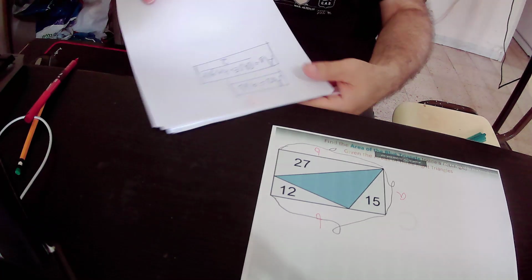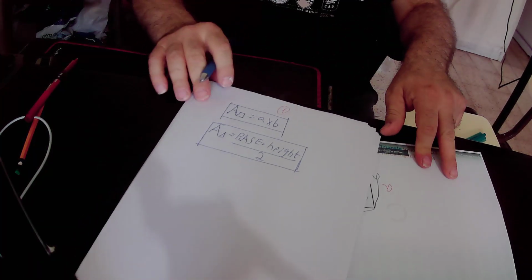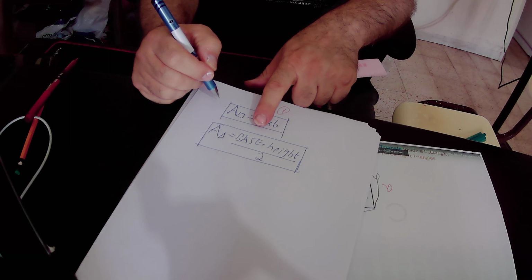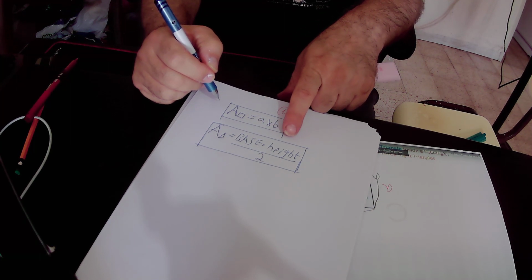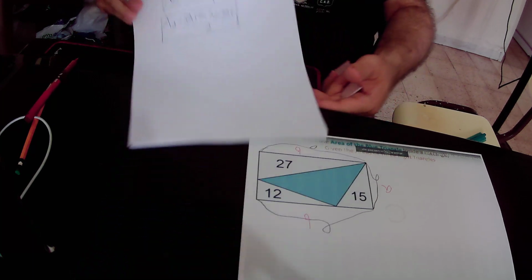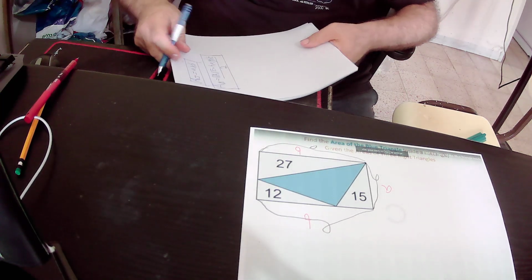So the area of a triangle equals the base of the triangle times the height to the base divided by 2.